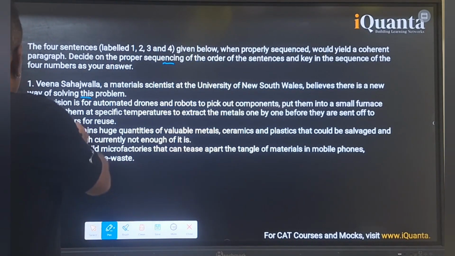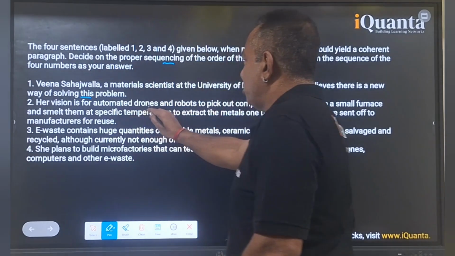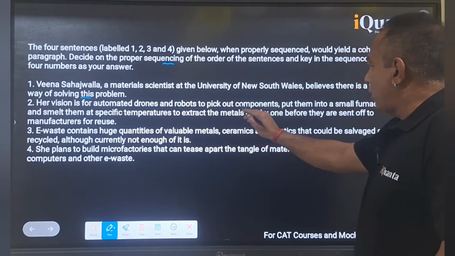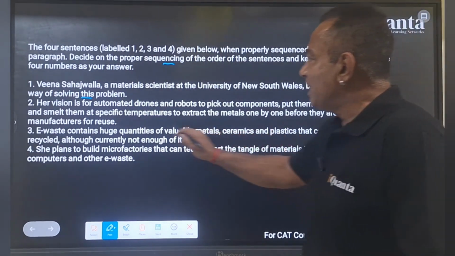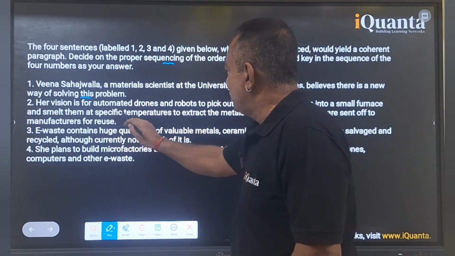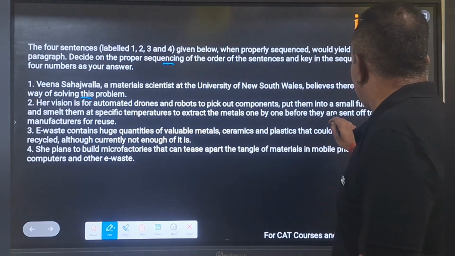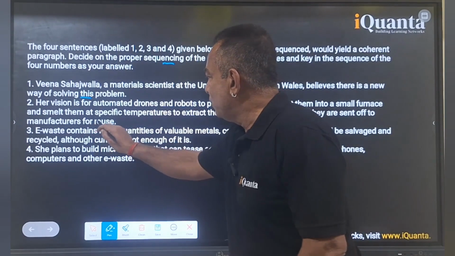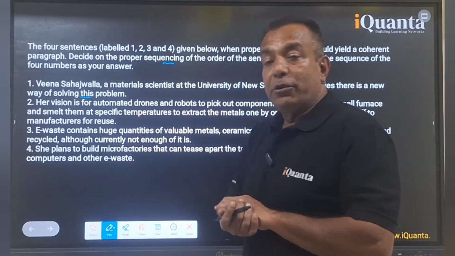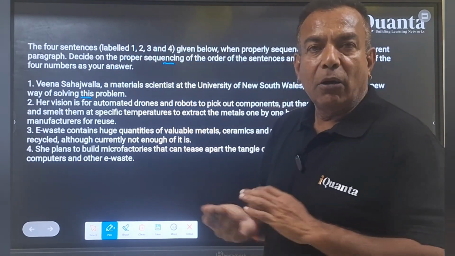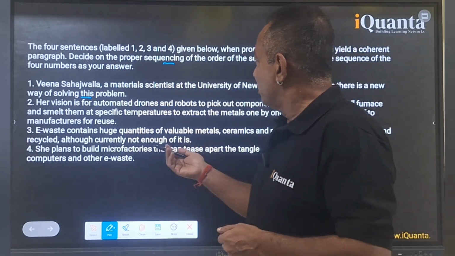Now, second one: her vision is for automated drones and robots to pick out components, put them into a small furnace, and smelt them at specific temperatures to extract the metals one by one before they are sent off to manufacturers for reuse. Now, she's talking about automated drones and robots. The technology is developing every day, so we have drones and robots.